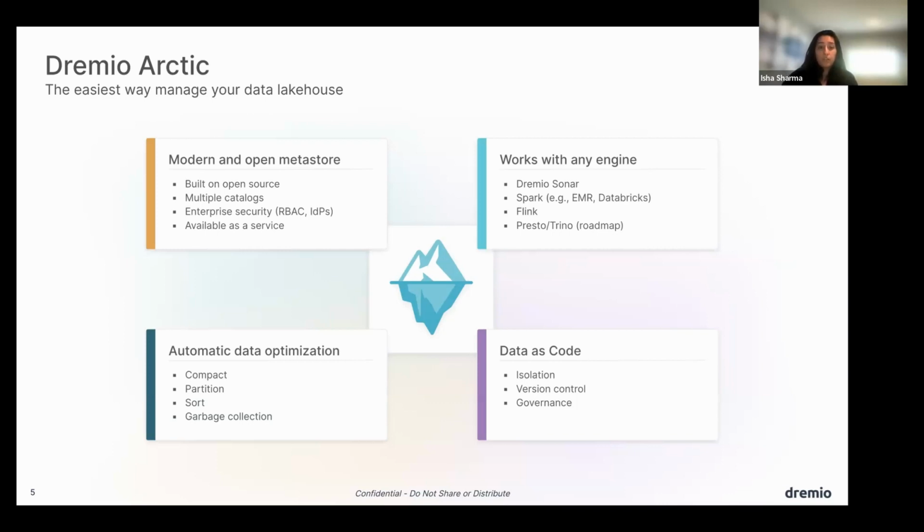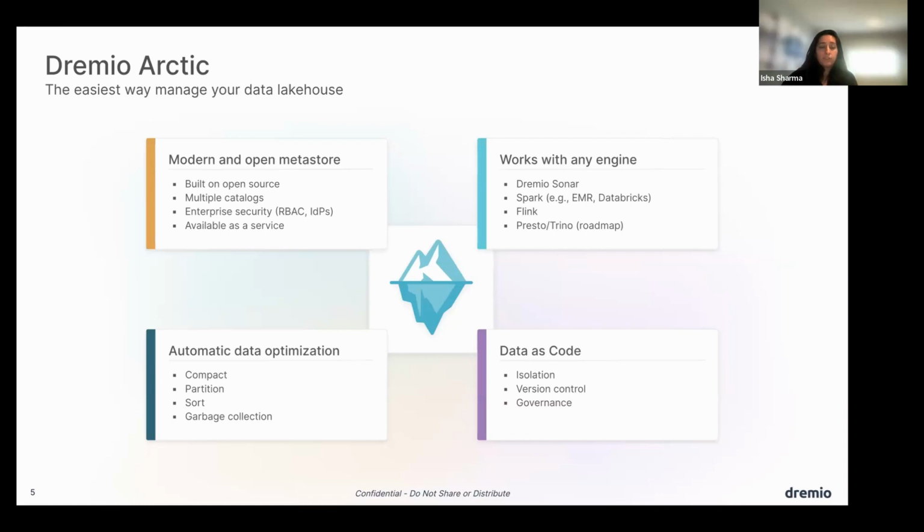But the super exciting part of all of this is this concept of managing your data as code, right? Being able to use branches like you would in GitHub to isolate experiments or updates, to be able to do version control and look back at your data from 2 weeks ago or changes that you made 2 weeks ago, and to be able to go back if you need to, right?